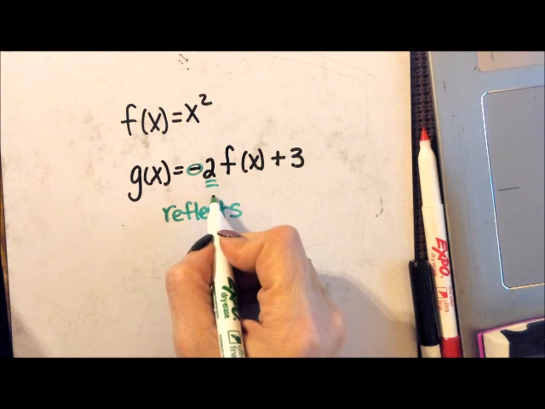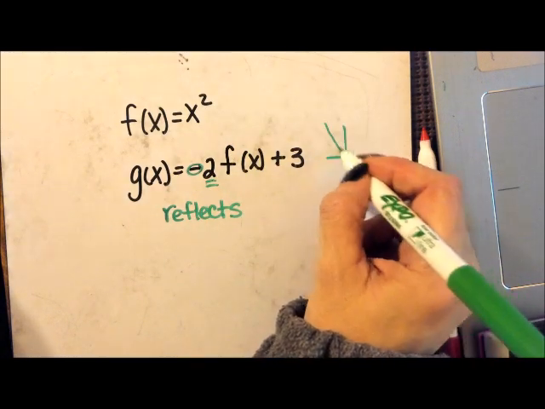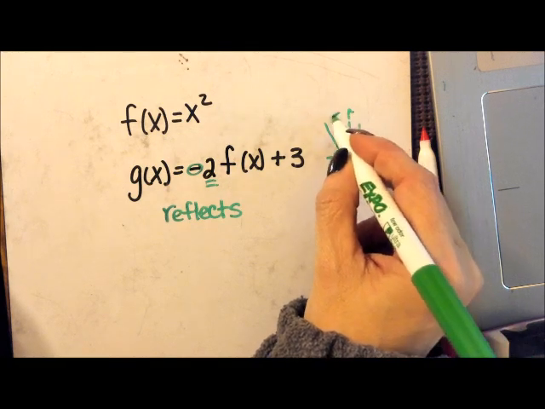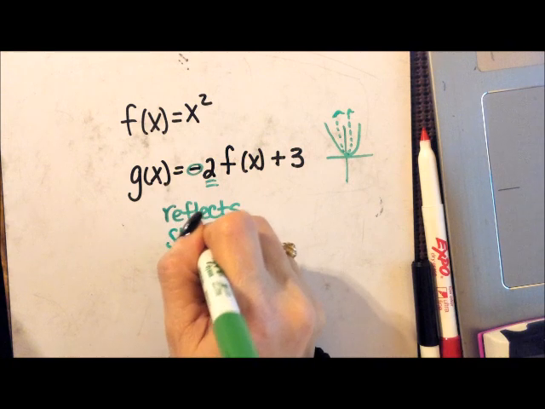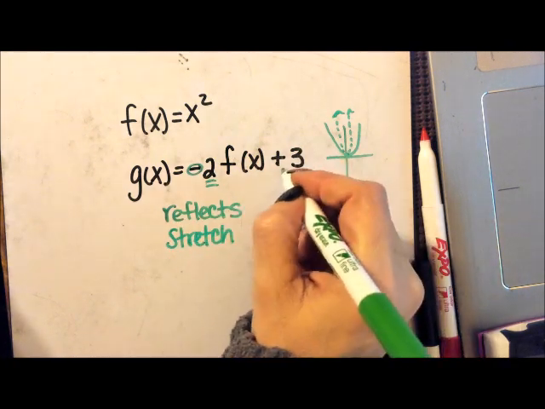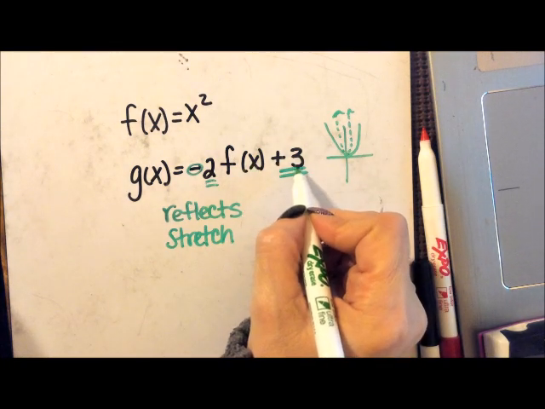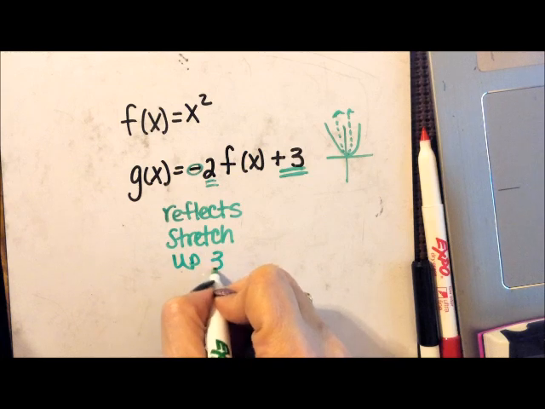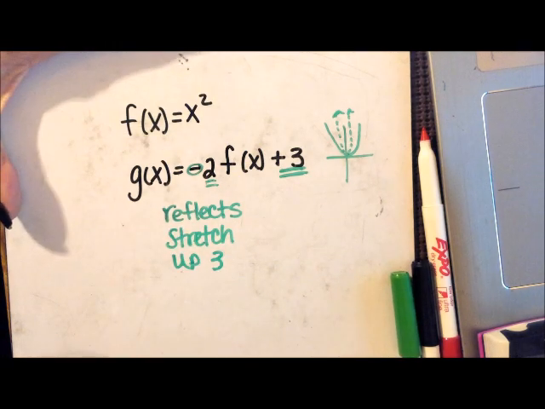The 2 is bigger than the number 1, so remember that's going to take my parent function and stretch it more narrow. It's going to make it go up and be stretched, a vertical stretch. And the plus 3 on the end is not with the x, so it's moving on its own. It's just moving up and down, so it's going to say up 3. Okay, so that is a vertical transformation.